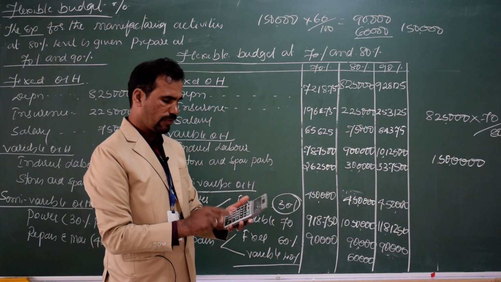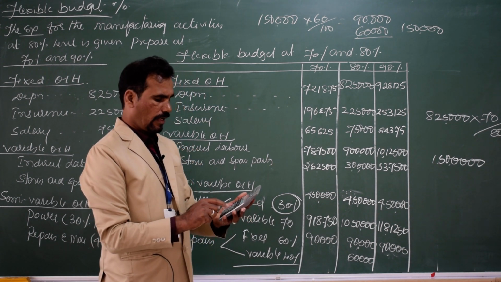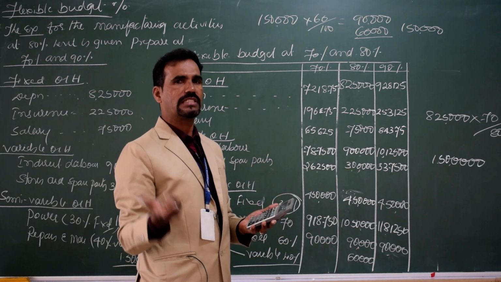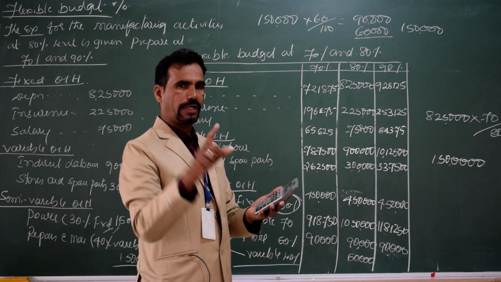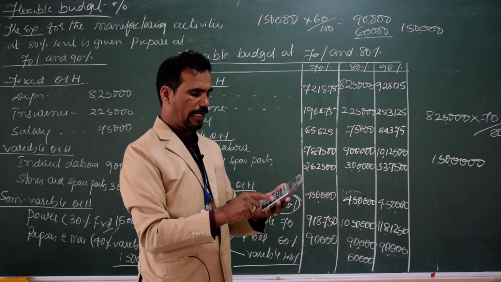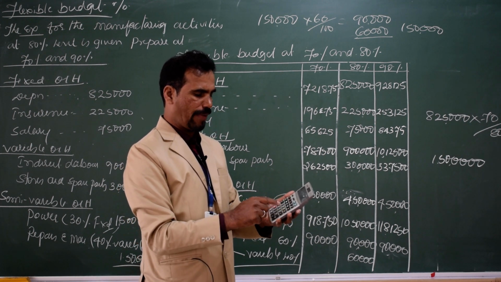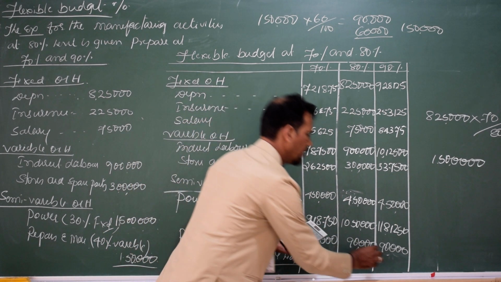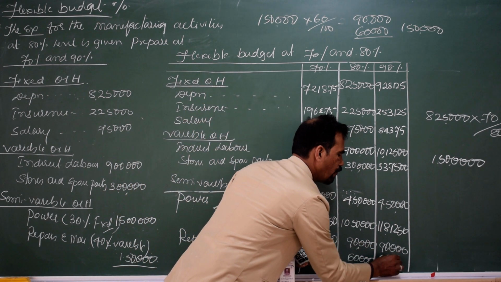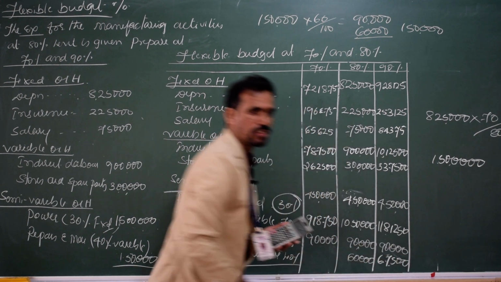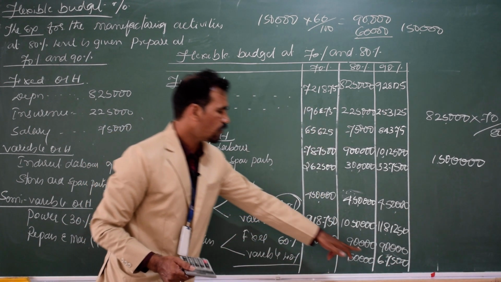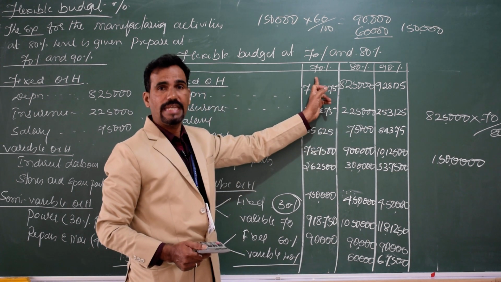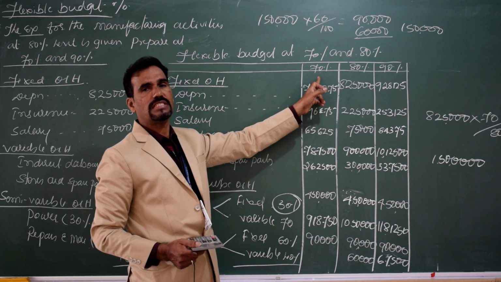So 60,000 for the 80% capacity. What is the next level? We want 90% or 70%, 100%, whatever it may be, you multiply by 90% divided by 80%. That gives 67,500. 67,500 is the total cost. So 67,500 into 70%. For the next level, what is the percentage? 70%.